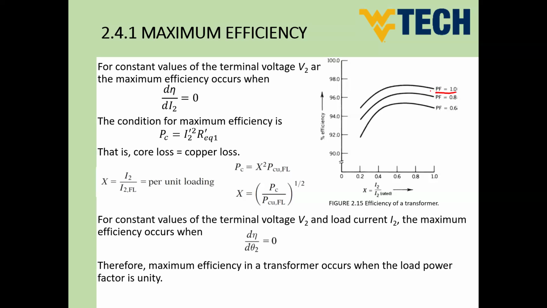What is the maximum efficiency of this curve? We can get the efficiency relation and take the derivative according to X. So d eta divided by dI2, because I2 is the main factor affecting X, and make this relation equal 0.